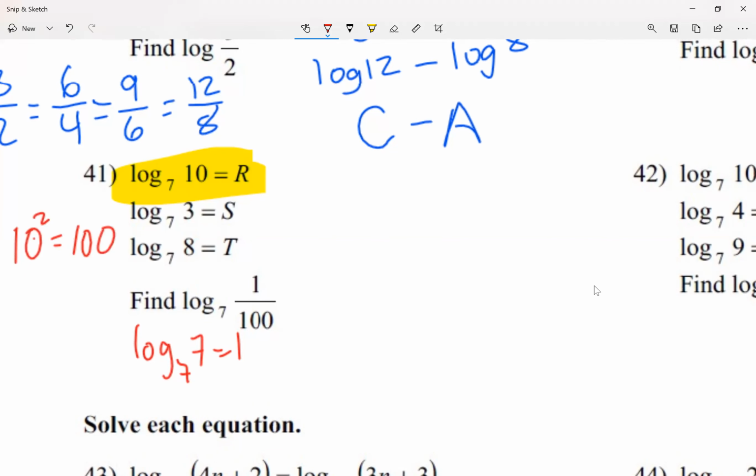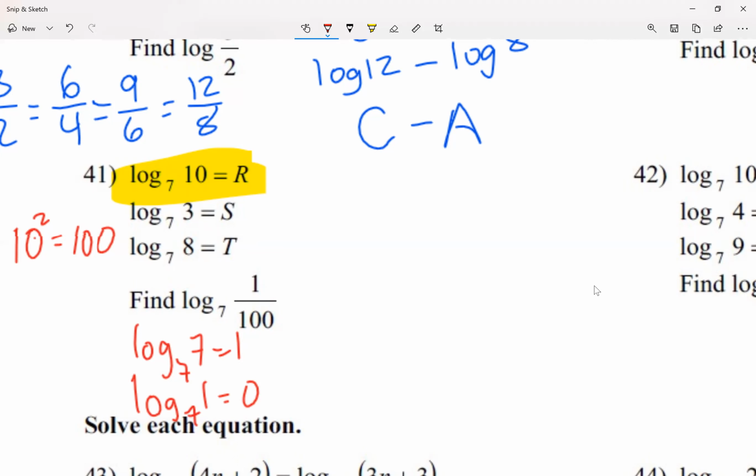But now here my fraction is 1 over 100. Okay, so two ways how we can do this. Another special case that we have is log base 7 of 1 is equal to 0, right? We have that.